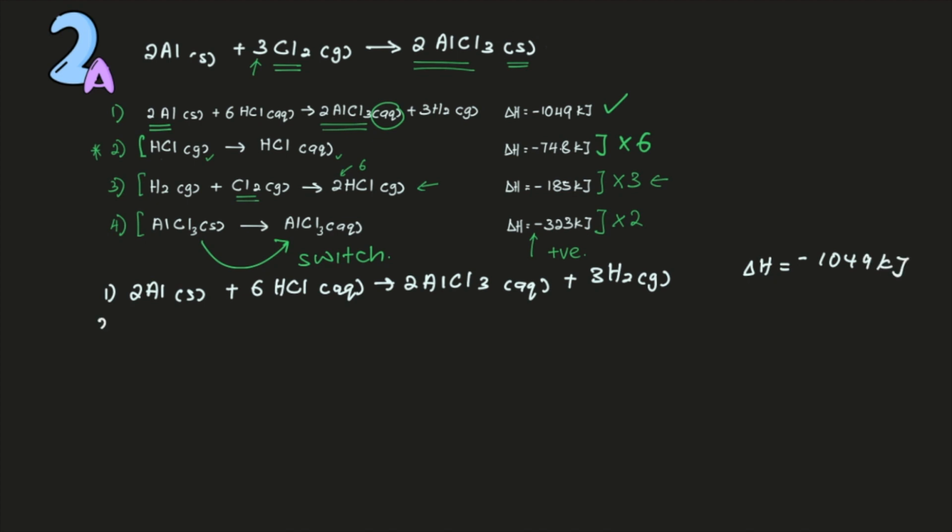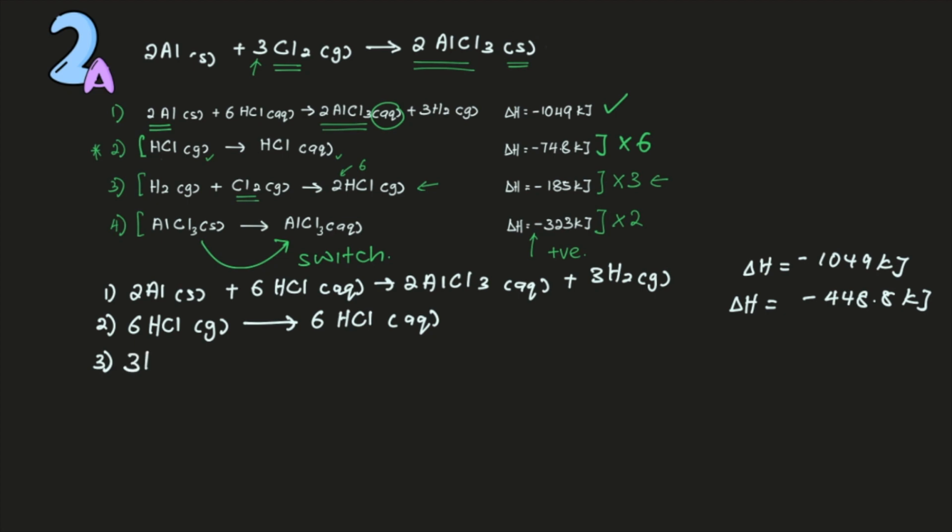The next one is the second equation, so you're going to times 6 to everything. So 6 HCl in gas will produce 6 HCl in aqueous, whereby your delta H should be equivalent to negative 448.8 kilojoules. Right, and then we are going to do equation 3, which you times 3 to everything.